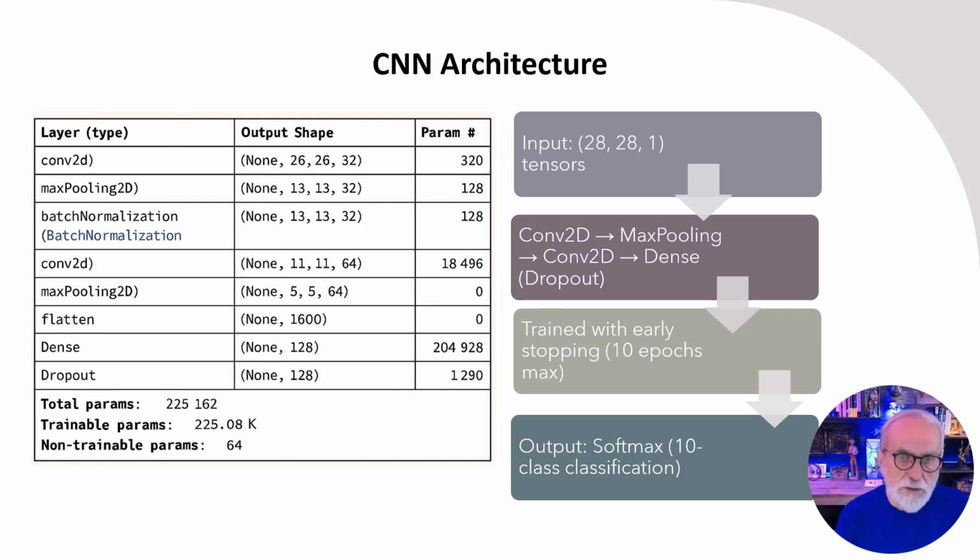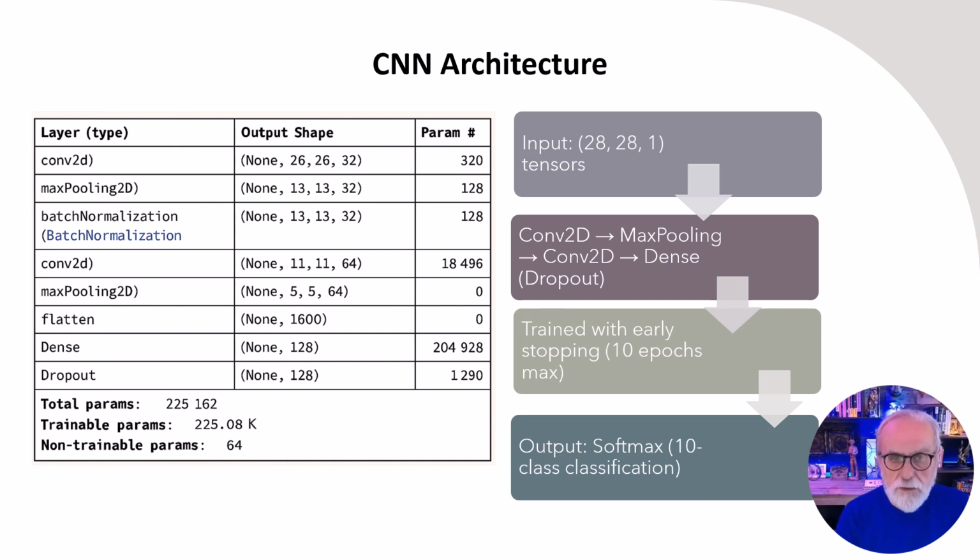Finally, the last dense layer has 10 output neurons corresponding to the 10 fashion categories. Using a softmax activation to output class probabilities, the overall model contains about 225,000 trainable parameters, striking a balance between model complexity and training efficiency.